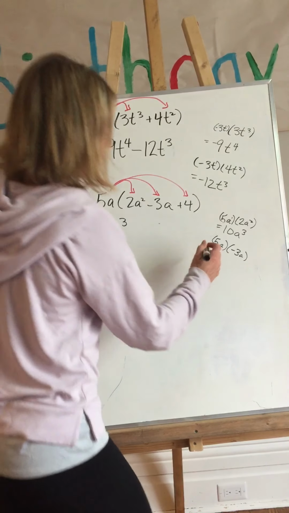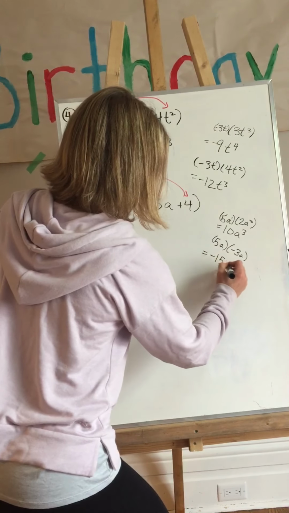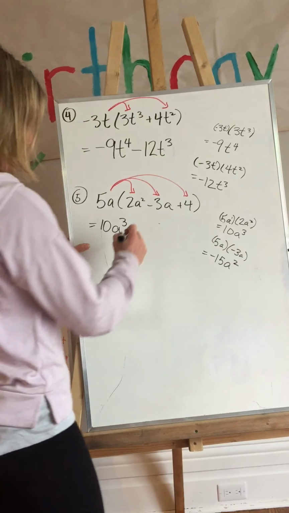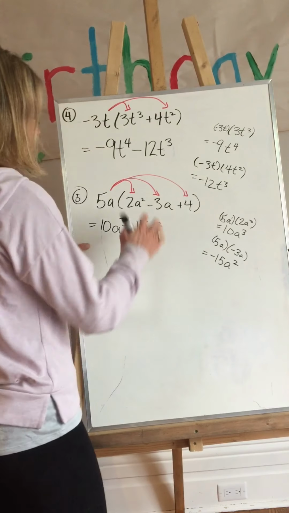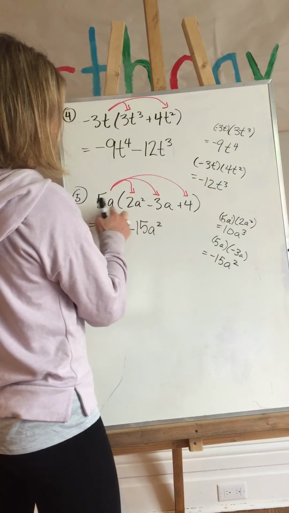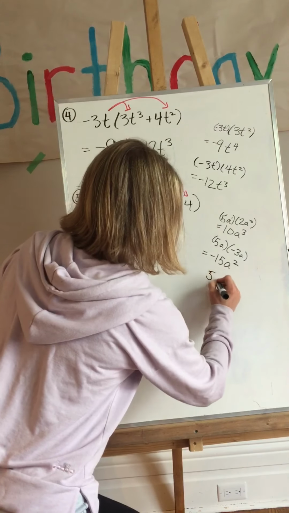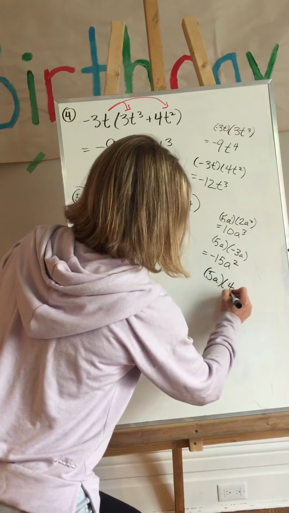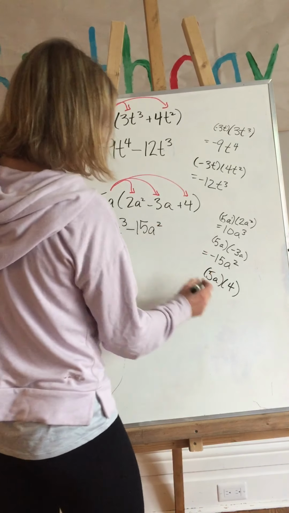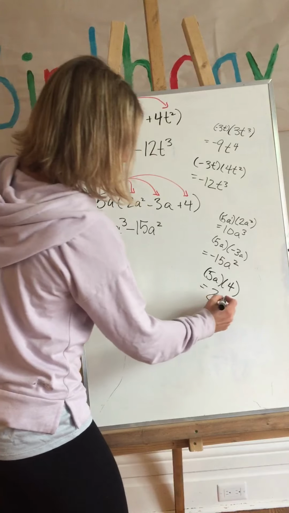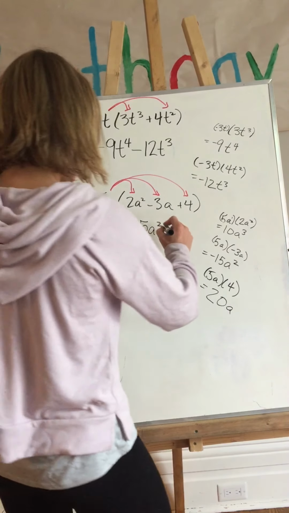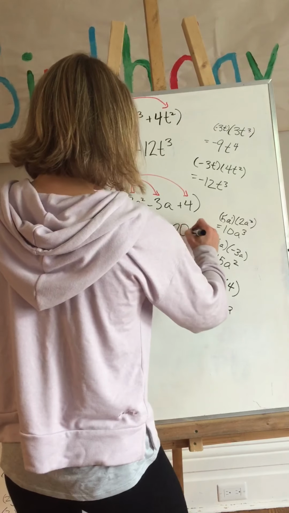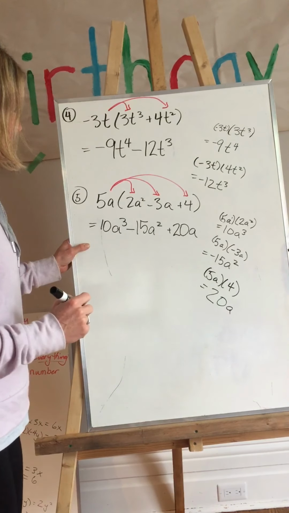Okay, so 5 times negative 3 is negative 15, and that's going to be a squared. So minus 15a squared. My last arrow is 5a times 4. 5 times 4 is 20, and we can't forget the a. So this should end with 20a.